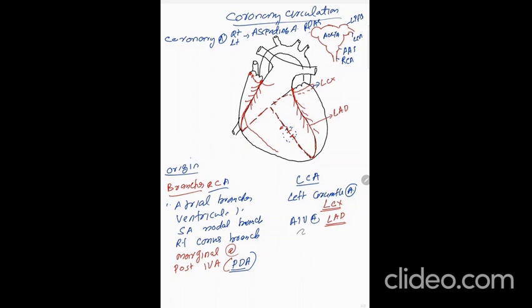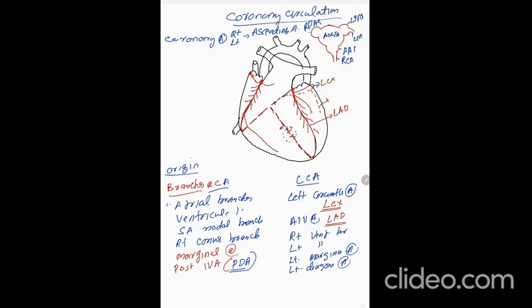So we have the right ventricular branches, left ventricular branches, then the circumflex artery on the posterior aspect gives another branch. This is known as the left marginal artery, and this particular LAD gives another branch here, that is known as the left diagonal artery.